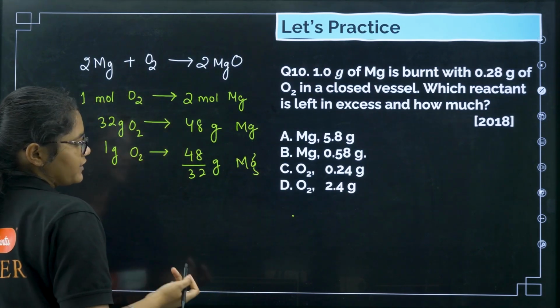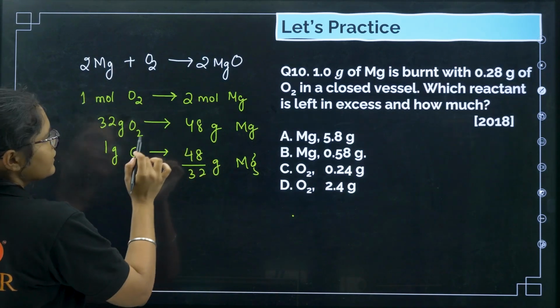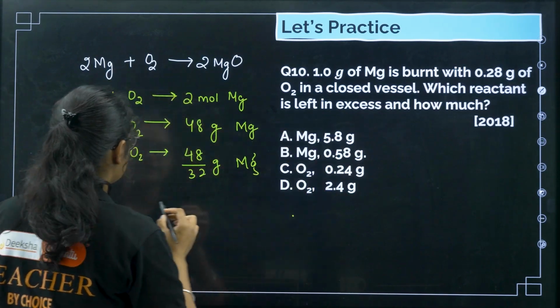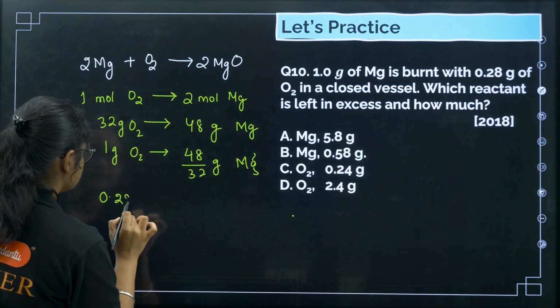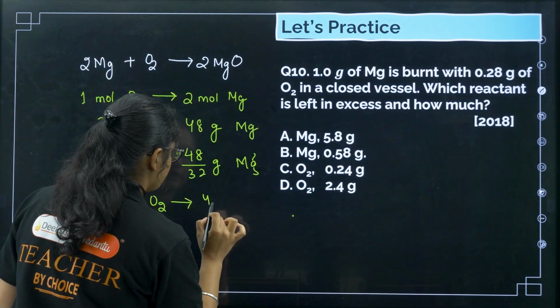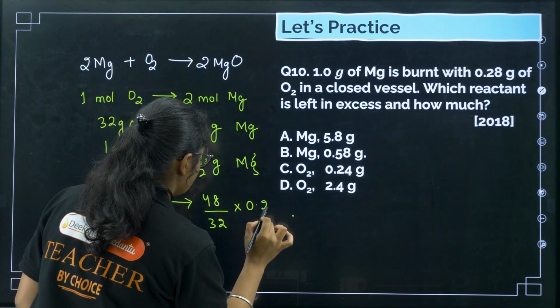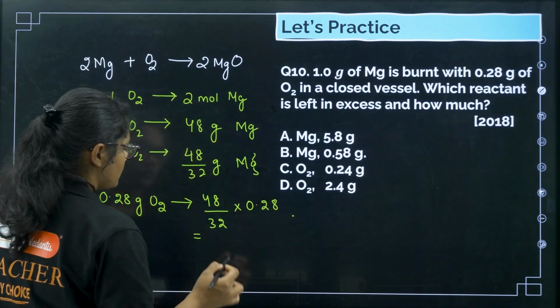Now in the question, how much gram of oxygen is there? 0.28. So 0.28 gram of oxygen will react with how much? I can write 48 by 32 into 0.28. So let us try to solve this.